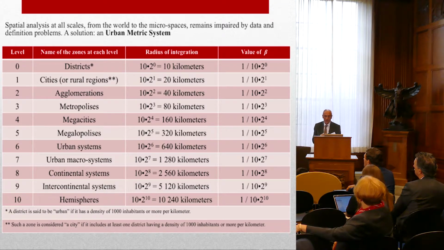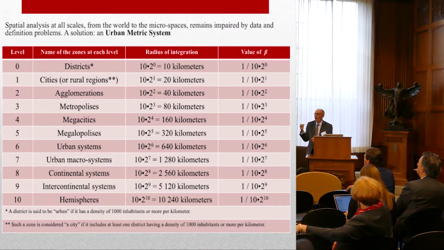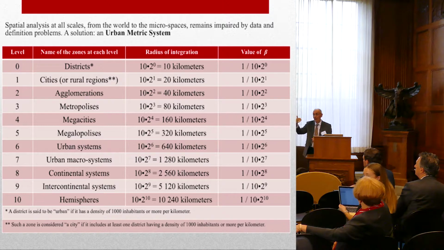I proposed a kind of urban metric system, and I have to prove it, but I think that right now it would be possible to impose a statistical definition, in terms of geographical limits of the different areas, and what is a city in terms of the difference between urban and non-urban, urban and rural, and so on.